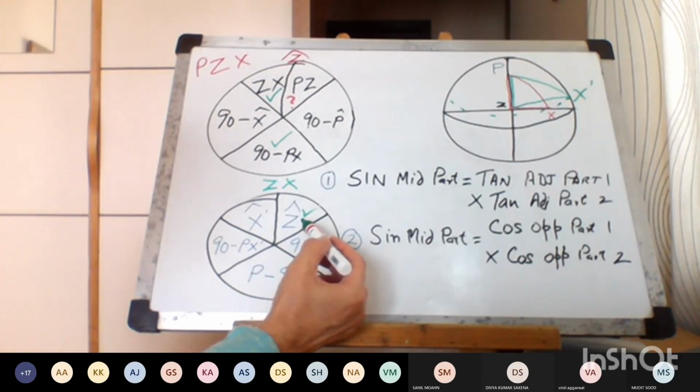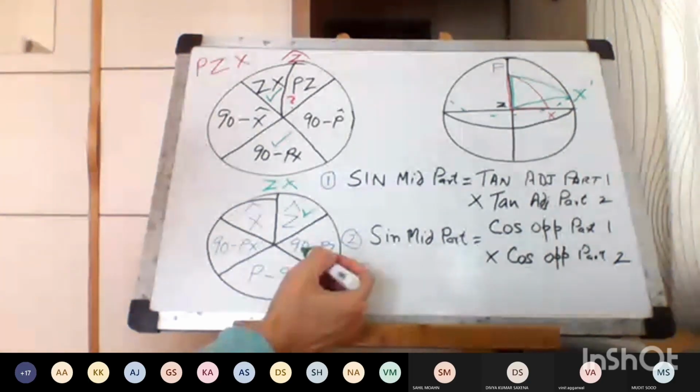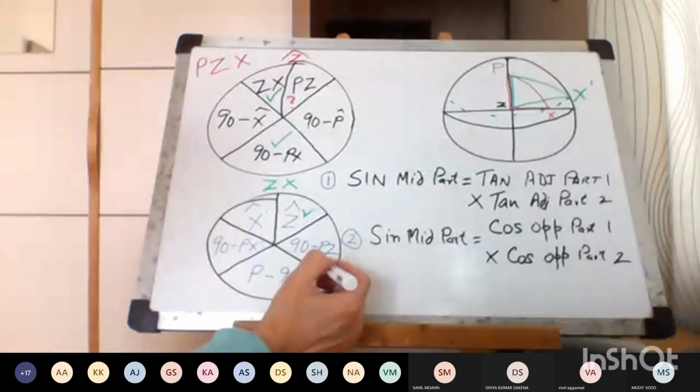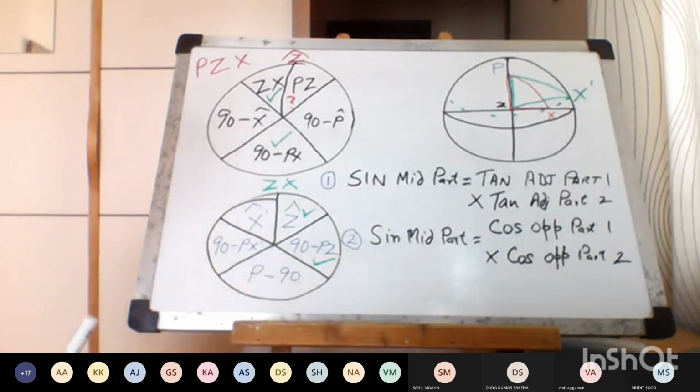And I know my latitude. And I have to find my longitude. How do I find my longitude from here?